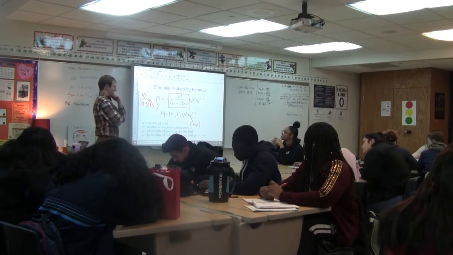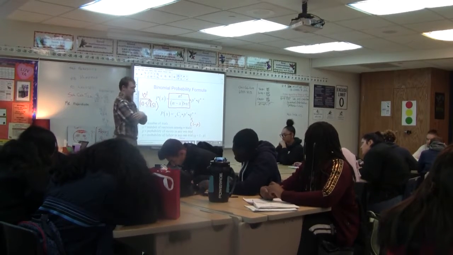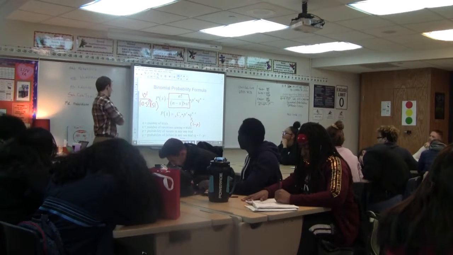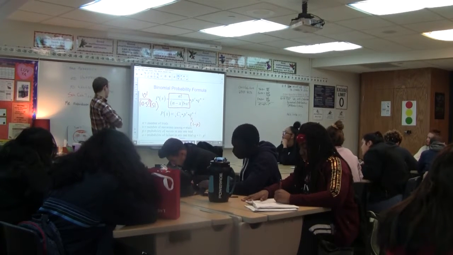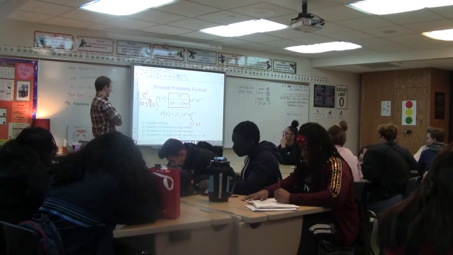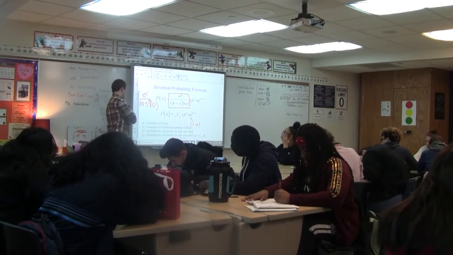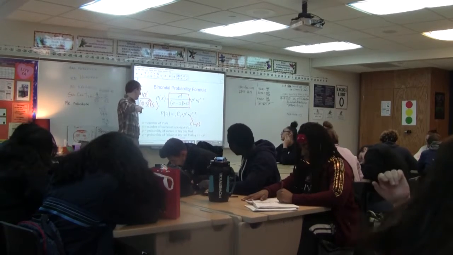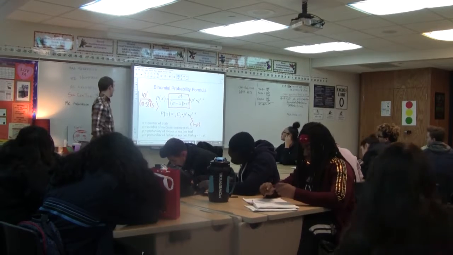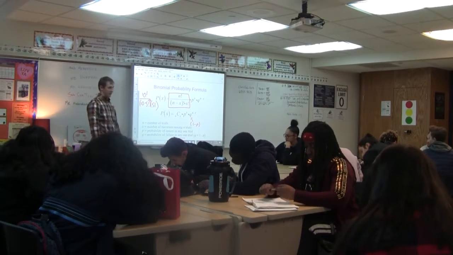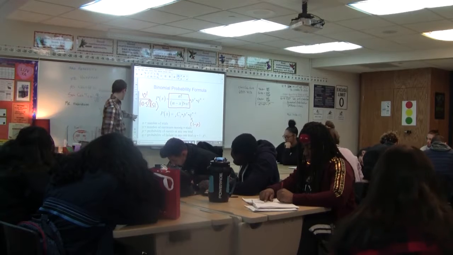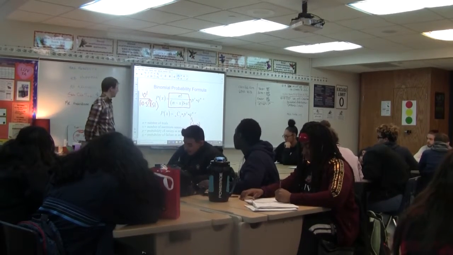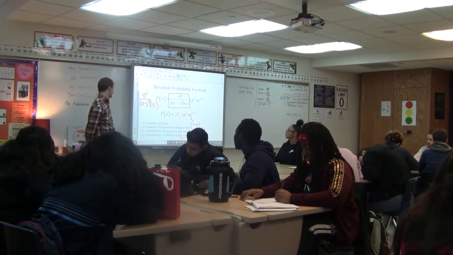Yeah, it was a 30% chance of winning the ball game. So that p is the percentage chance that we're going to be successful. So then you'll have 0.3 to what? It's 5, right? Because that's the number of successes that we're after. And then we have q, which is what again? 0.7. It's our probability of failure. And then we take that to n minus x, so 10 minus 5. And that is how we find probability with a binomial distribution.